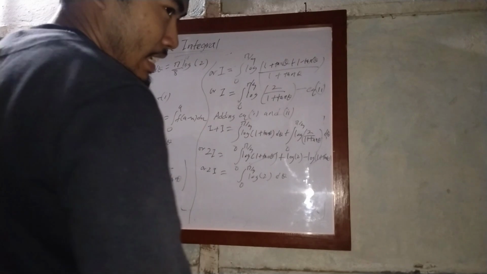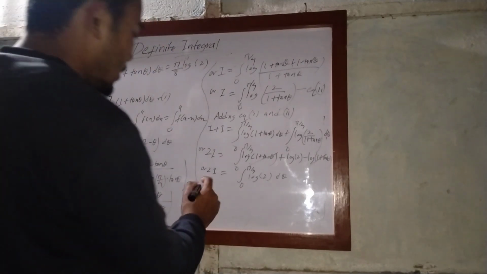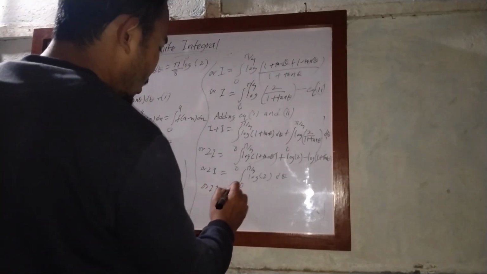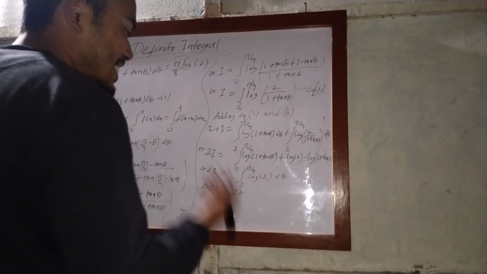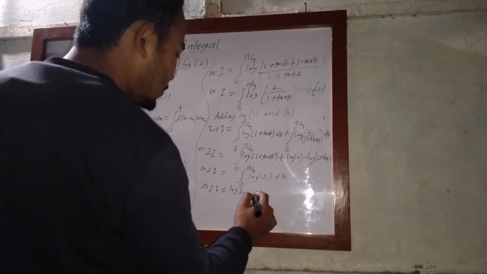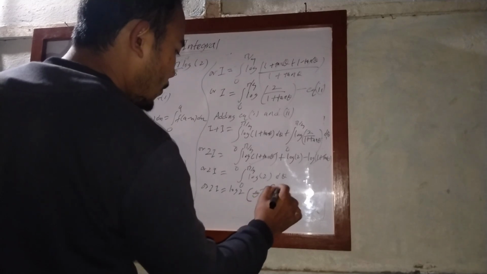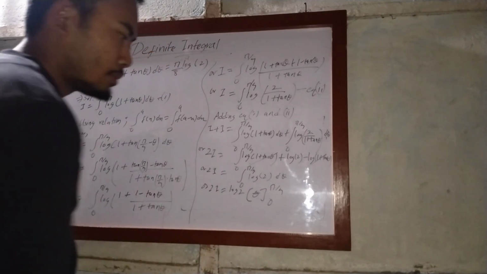Log 2 is a constant, so it comes outside. So 2I is log 2 times the integral of d theta, which is theta, upper limit pi by 4, lower limit 0.